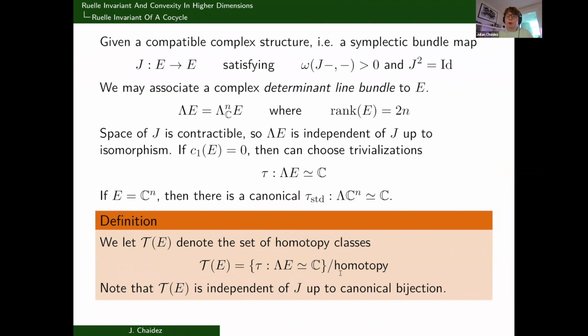Okay, so the second thing I want to say is, what is the determinant bundle, this lambda E?